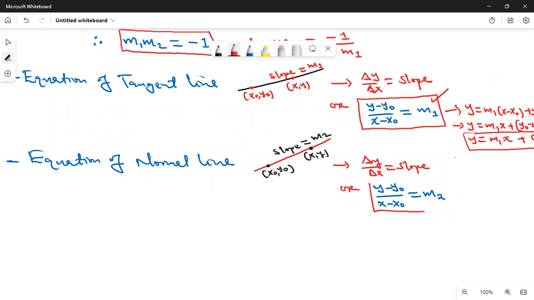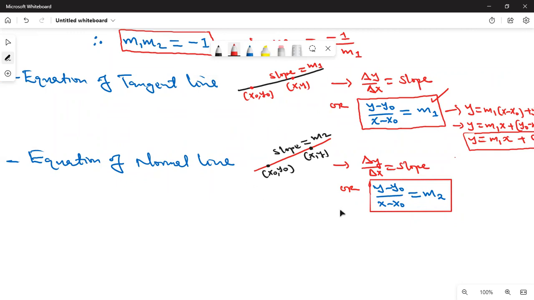So this is how to find the equation of the normal line. When you know the slope, you know a point on that line, and you also know a general point on the line. You could also write this in the form of y equals mx plus c.